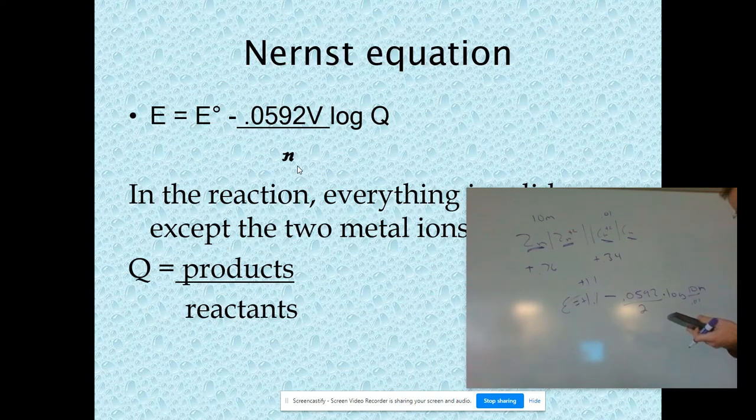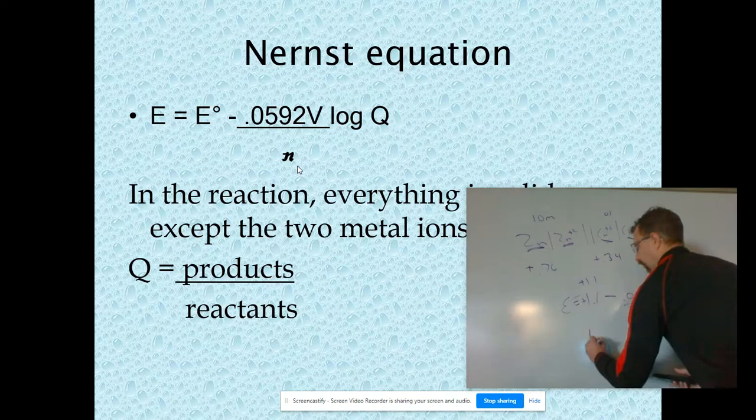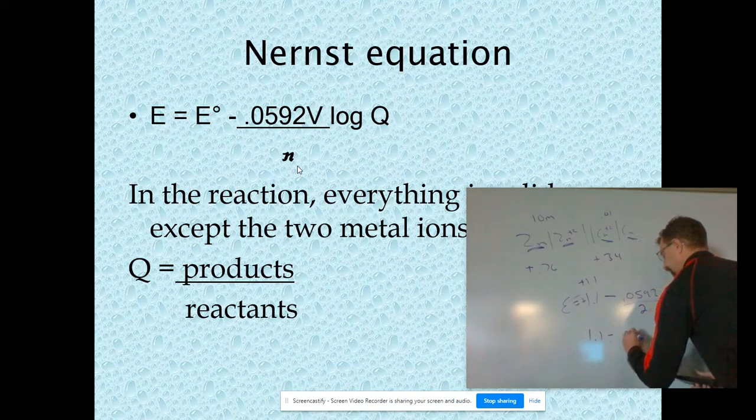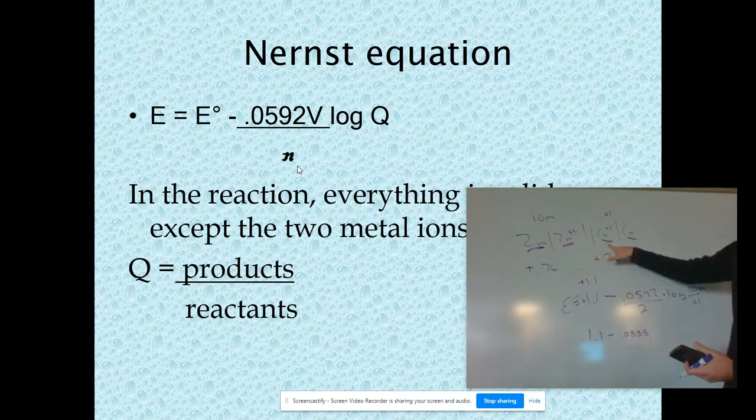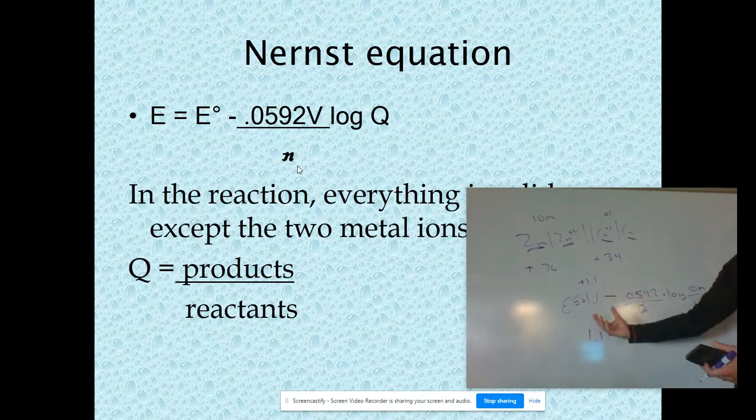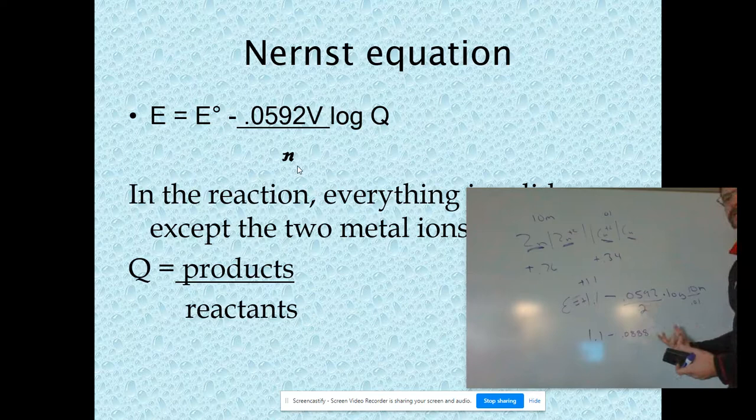So log of 1,000, log of 3 powers of 10, is just going to be 3. So 3 times 0.0592 divided by 2 is going to give me 0.0888. So it's going to be 1.1 minus 0.0888. Since I had a lot of products and not much reactants, it gives us less voltage.